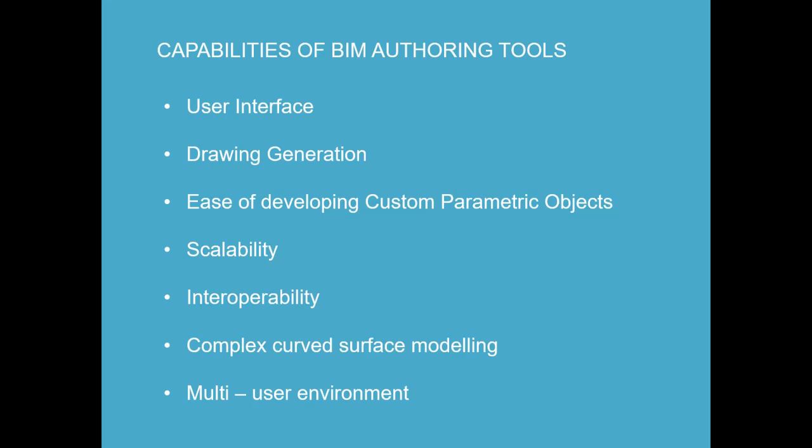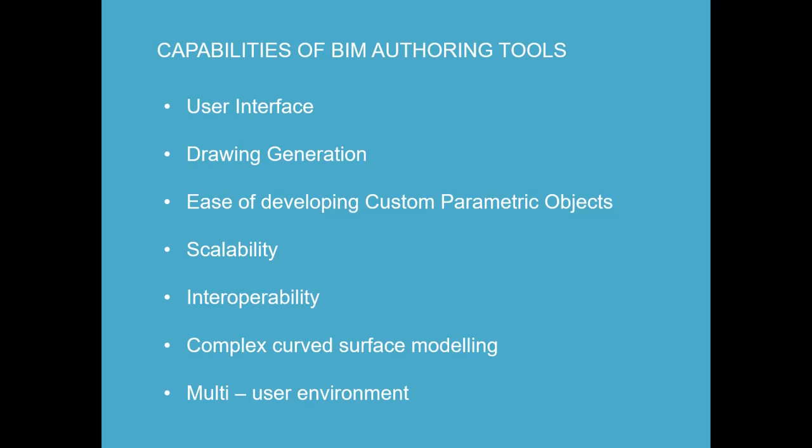It is freely available on the Autodesk website. You can just download it and view any BIM model properly. Those kinds of software which are used to just view the model can be termed model viewers, and those come under the category of non-authoring tools.